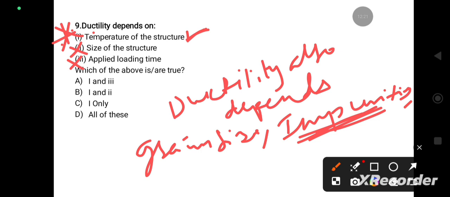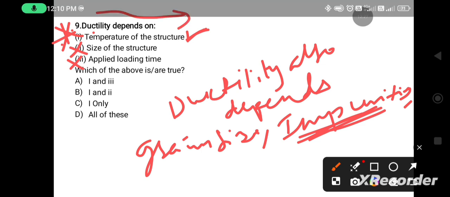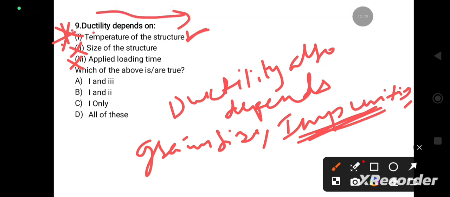Ductility is nothing but plastic deformation under an externally applied load. So the answer is the option that says it depends on temperature, grain size, and impurities. These are the three conditions.